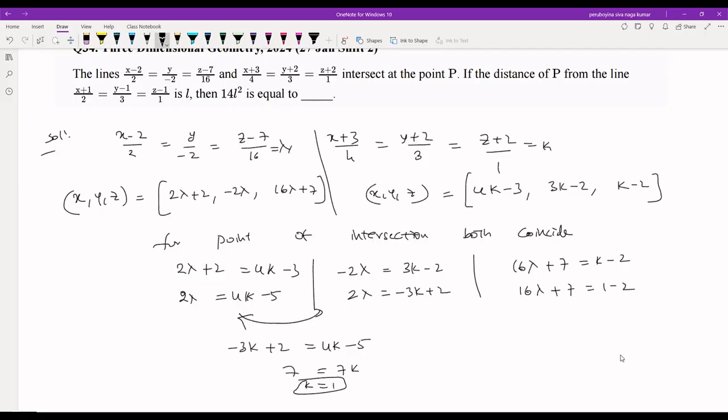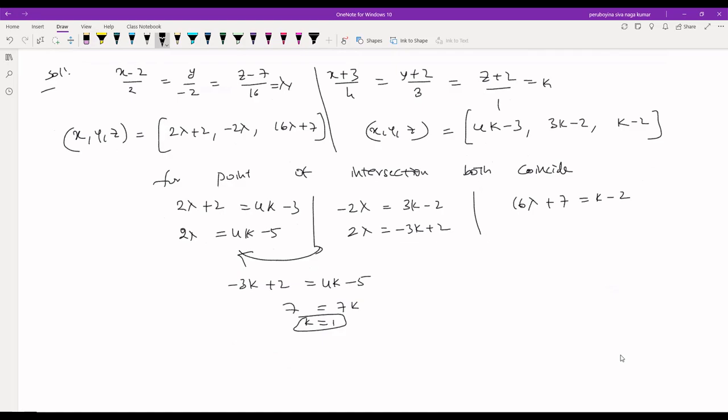Substitute in one of the equations. K value is 1. Don't go with this. If k value is 1, what is the lambda value? Lambda value will be minus 3 lambda plus 2, minus 8 by 6, minus 4 by 3.